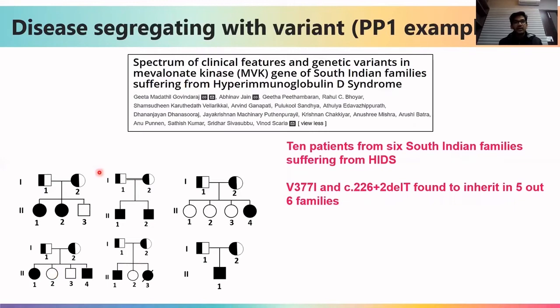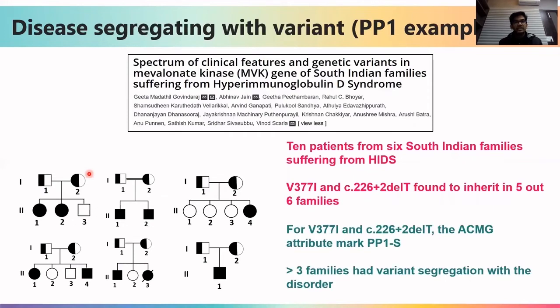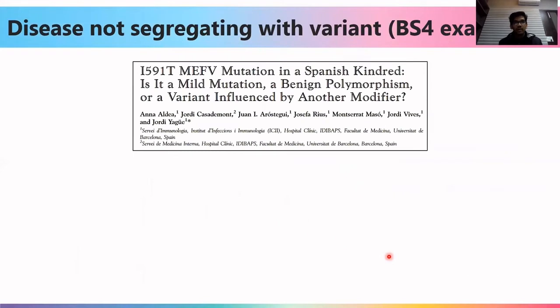As you can see, more than 3 families are segregating the variant with the disorder. So in such a scenario, you will mark V377I and this second mutation also as PP1 strong. Okay.